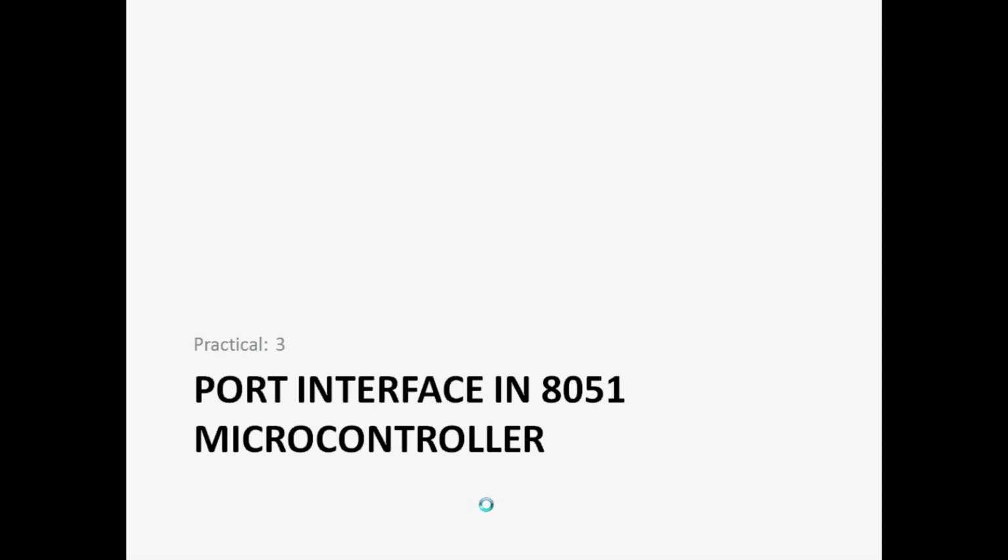The third practical is about port interfacing in the 8051 microcontroller. As we know, in the 8051 we have 4 ports, so I will show you how to interface those ports. I will show you interfacing port 0, and you can similarly interface any port of the 8051 with the same code.